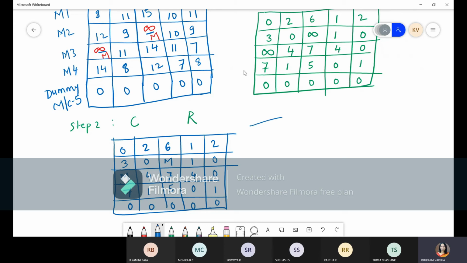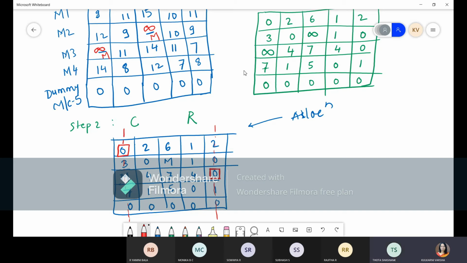Now on this table we have to do the allocations. Scan row-wise. In the first row there is a 0, so assign that 0 and cancel that column. In the second row there are 2 zeros, leave it. In the third row there is a single 0, so assign it and cancel the column.